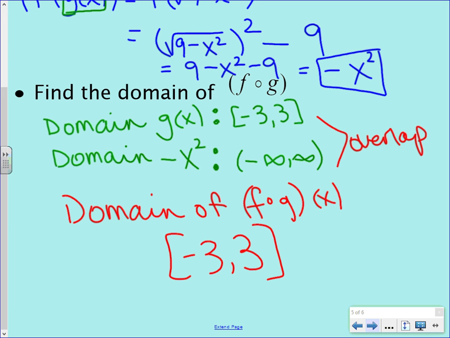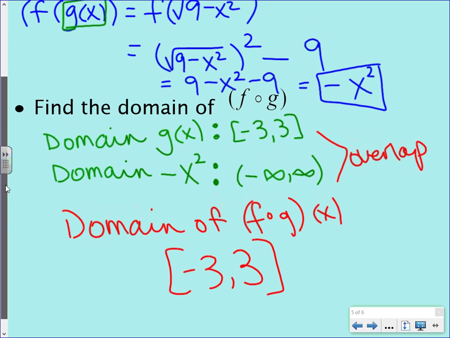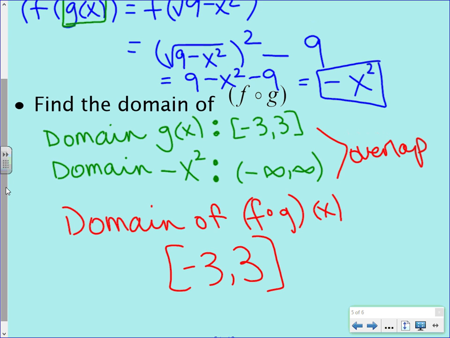Questions? Somebody in fifth hour asked a question that I thought was really good. They asked, if we were to graph this, it would be a reflected parabola, but only from negative 3 to 3. And that's exactly right. We'd only have a piece of the parabola because we have that restricted domain.